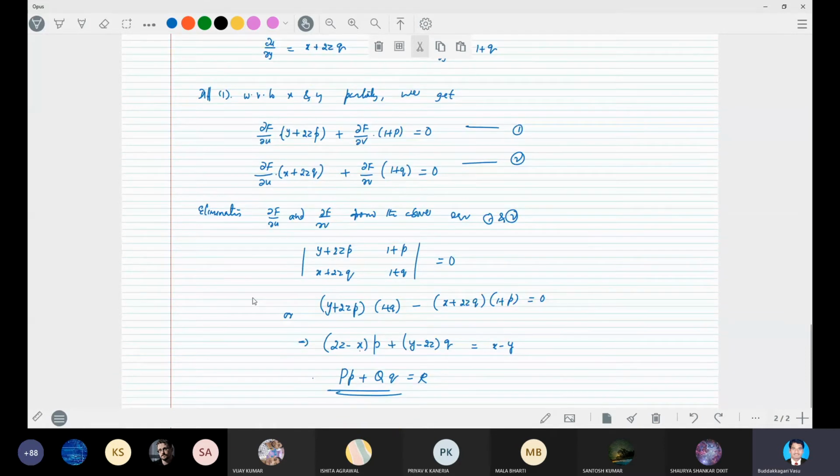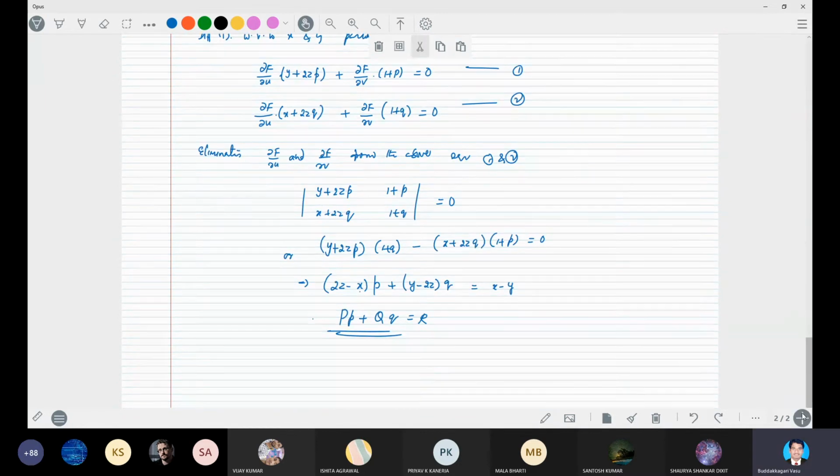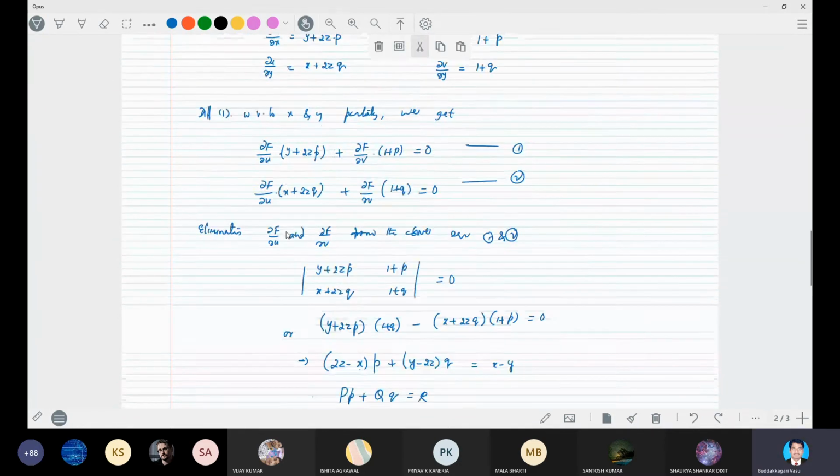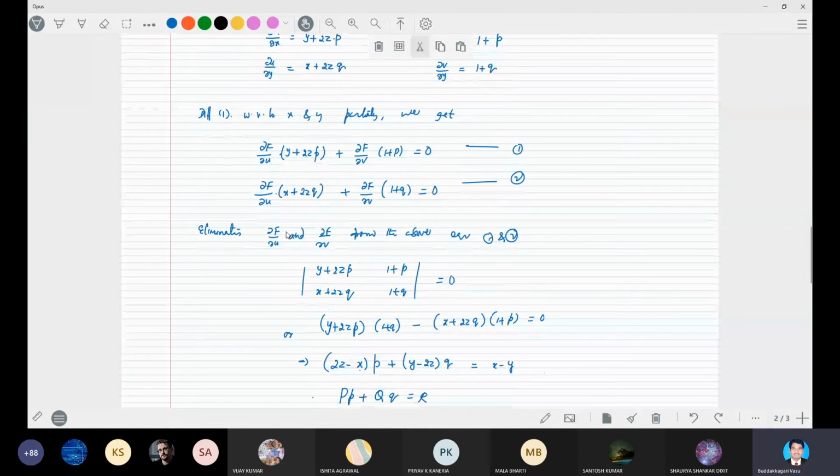Okay, any doubt in this elimination? We will move to the other concept. Okay, the remaining problems may be solved in the tutorial, right? Yes, sir. Any other?